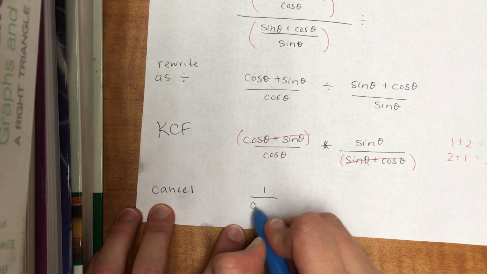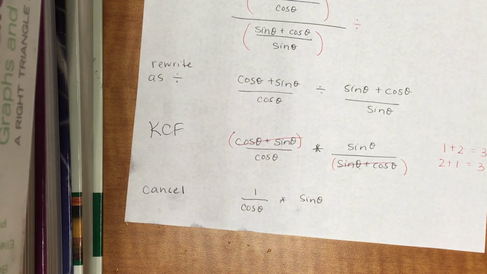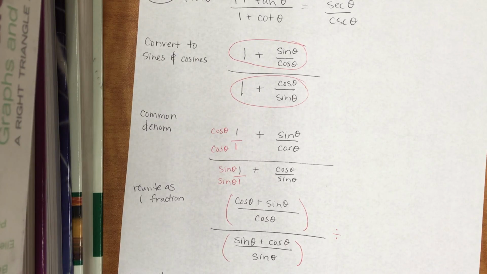a 1 over cosine theta times sine theta. Or you could write it as sine over cosine. I just know what's coming next, and it may help you to see it this way. All right, so next I need to get secant over cosecant.